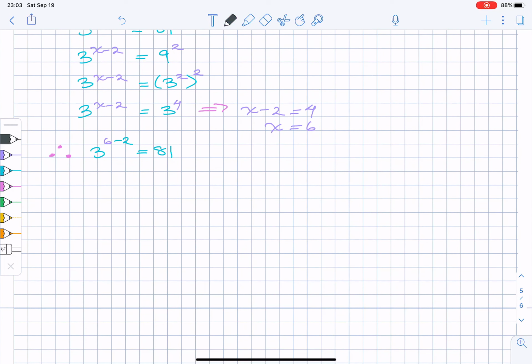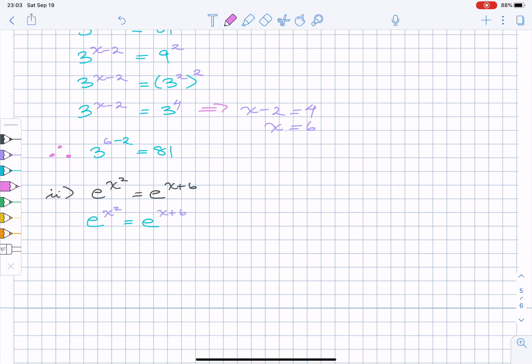Okay, so number 2. Let's say we have e to the x squared is equal to e to the x plus 6.